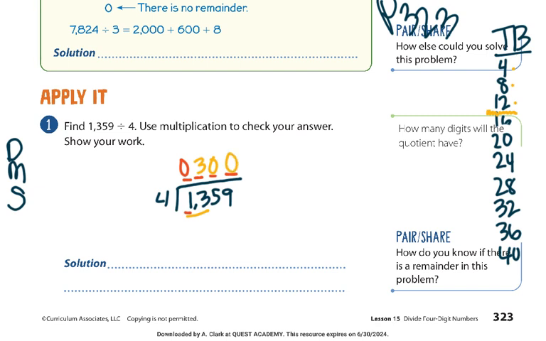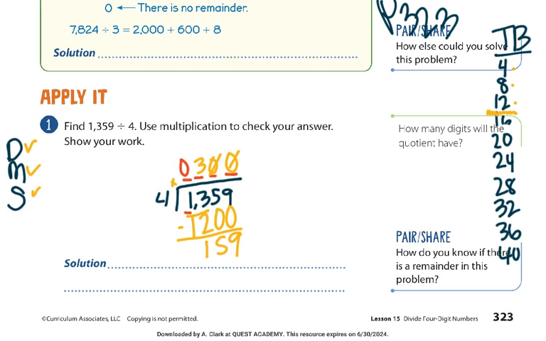So now it's 4 times 300, and I'm going to grab that number of 1,359, and I'm going to make it very small fast. So I'm done with division. I mark off the step. I'm going to multiply. 4 times 3 is 12. I have 2 zeros up at the top. I'm going to put 2 zeros down at the bottom. Now I subtract.